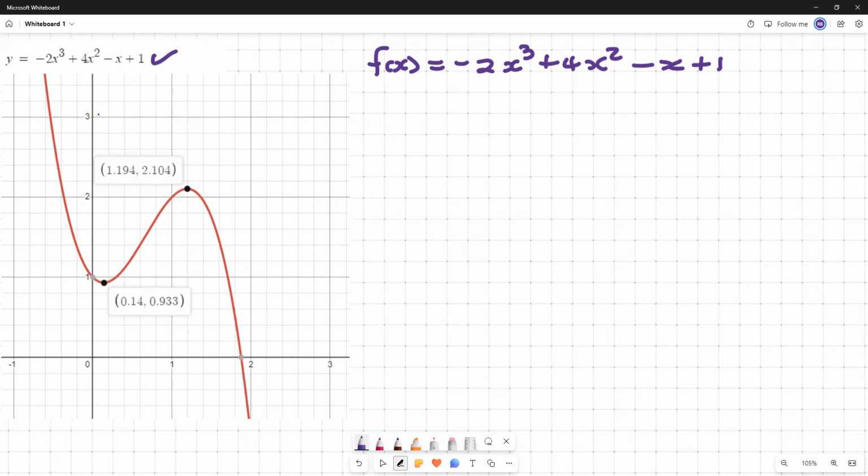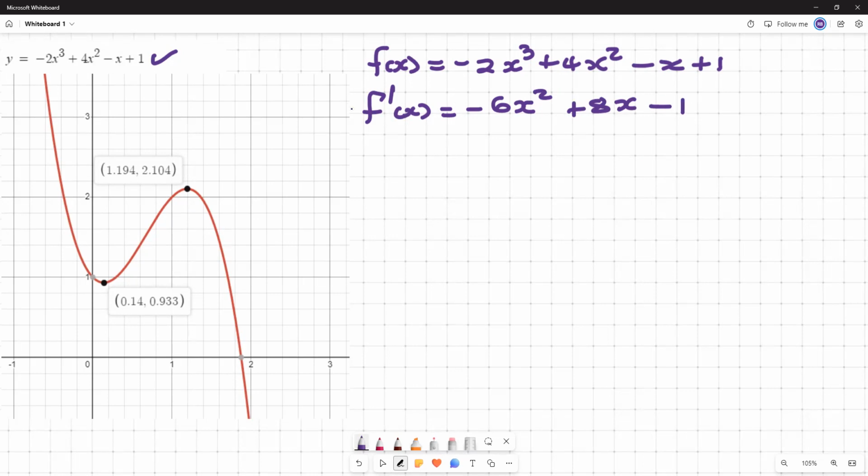For us to do concavity, we need the second derivative test, right? So I'm going to do the first derivative, which is minus 6x squared plus 8x minus 1. That one becomes 0.